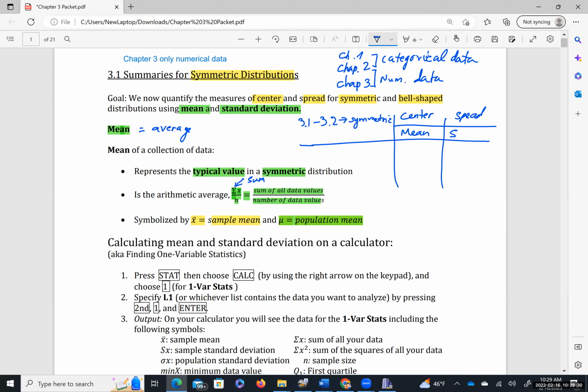For standard deviation, I'm going to use the notation STDV.